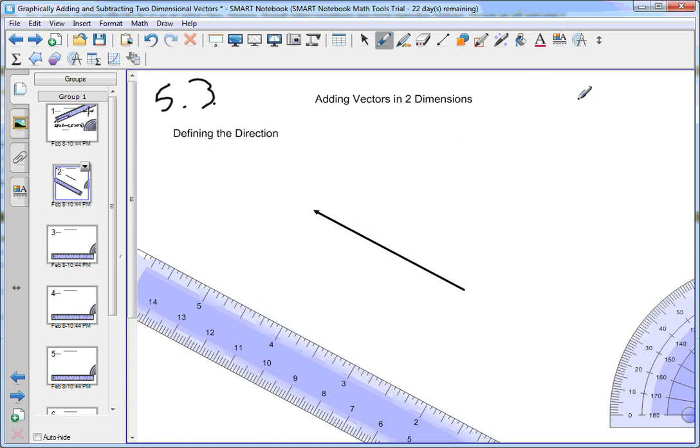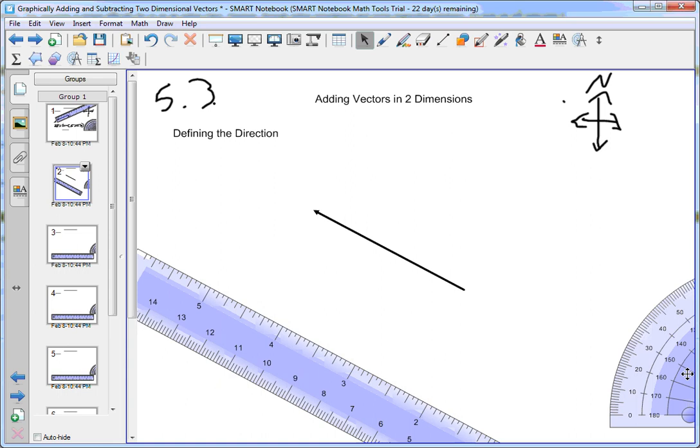So we always need to put in our little compass thing. And if you just put north like that, that's all you need to put. You don't need to put the other ones in, because everyone knows that this is standard: up is north, down is south, to the right is east, to the left is west. So from now on in your questions, that's all you'll need to put in.